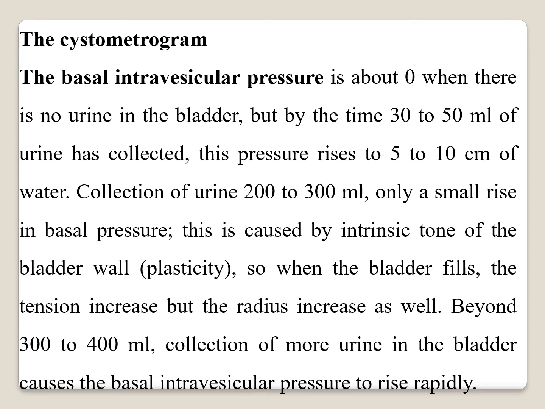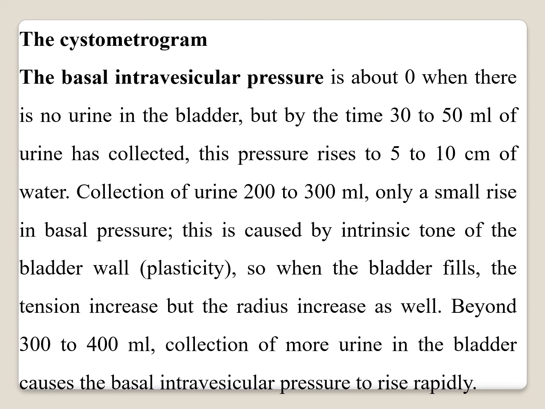Why? This is due to the intrinsic tone of the bladder wall, which is called plasticity, because when the bladder fills, the tension inside it increases, but at the same time the radius increases as well. So the pressure inside the bladder does not increase much. It is like a balloon: when you fill it with water, its diameter increases as well.